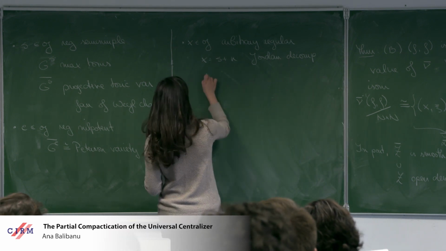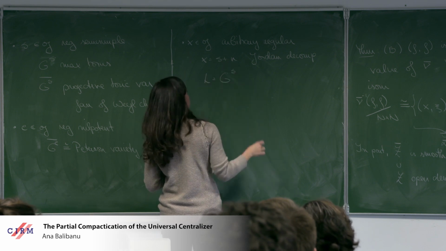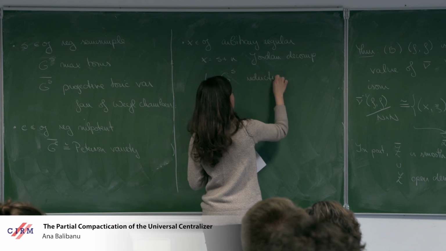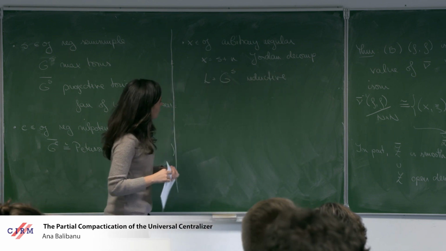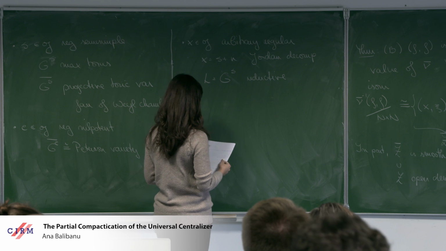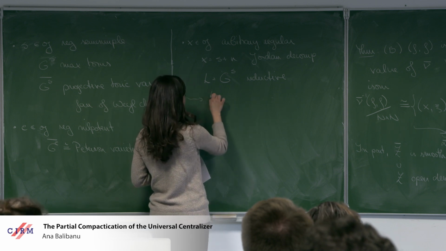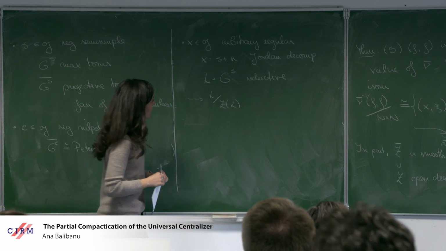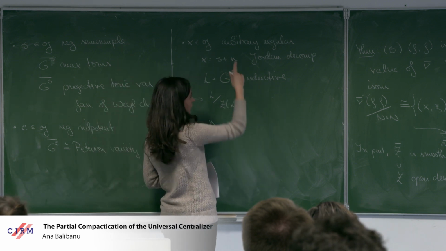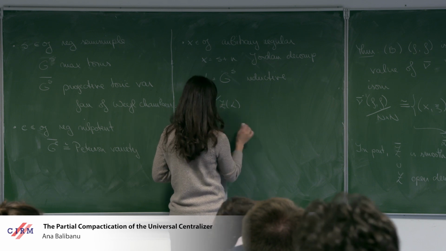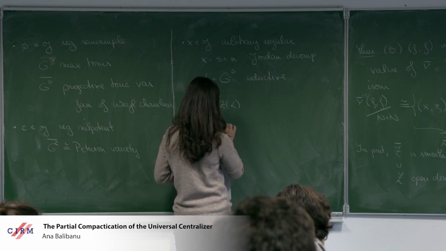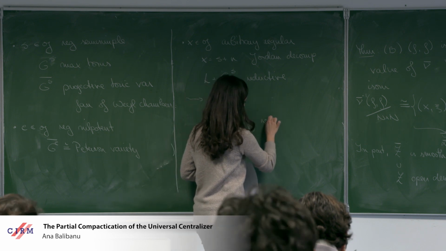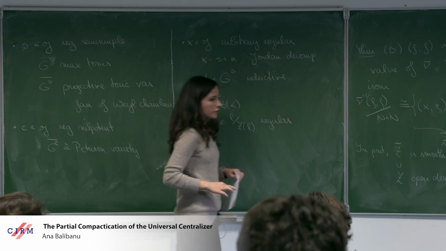So I take the reductive subgroup, which is the centralizer of the semisimple part. I look at the corresponding adjoint group, in which the image of this nilpotent becomes regular.